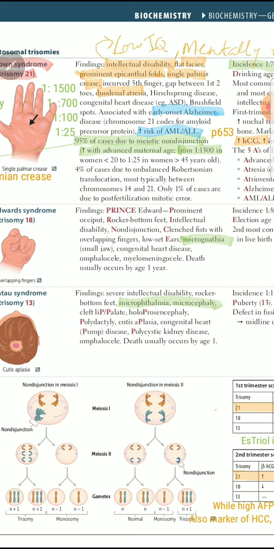That is an MCQ asked often because chromosome 21 codes for amyloid precursor protein that will lead to amyloidosis, and amyloidosis is associated with Alzheimer. And there is increased risk of acute leukemias, mostly ALL, acute lymphoblastic leukemia, or AML as well. So it is increased risk of acute leukemias.